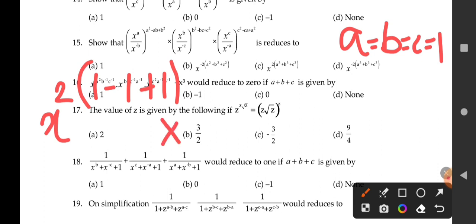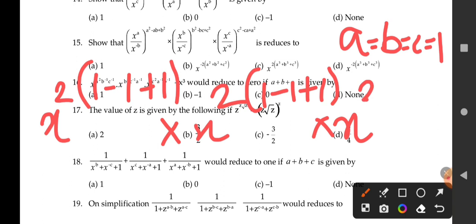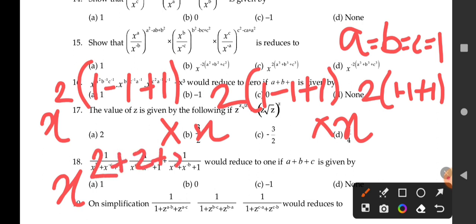Same way, you get x square 1 minus 1 plus 1 into x square 1 minus 1 plus 1. So what do you get? You get 2 plus 2 plus 2, that is x power 6.